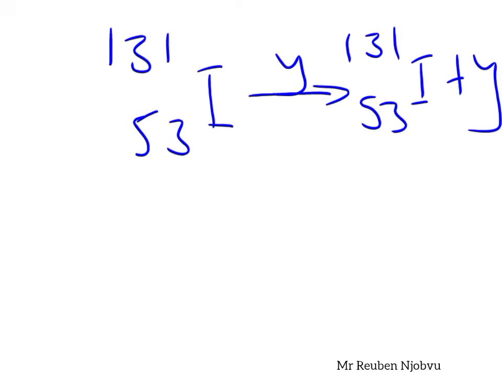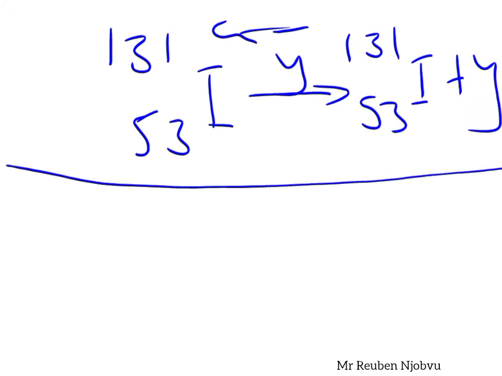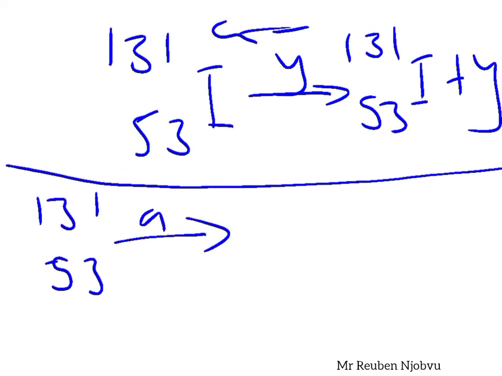So this is for gamma. Gamma, it remains the same. Then when you talk about alpha, the mass number reduces by 4, then the proton number reduces by 2 because it is helium in nature. So if this is 131 and 53, when you subtract 131 minus 4, you get 127. You reduce it by 4.